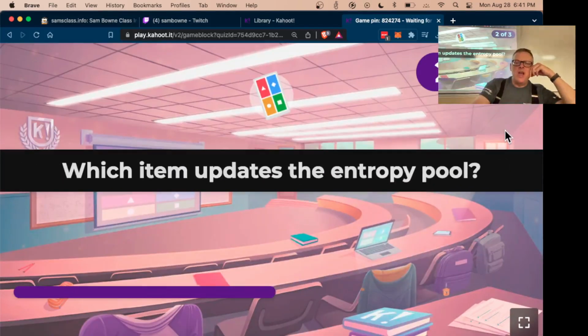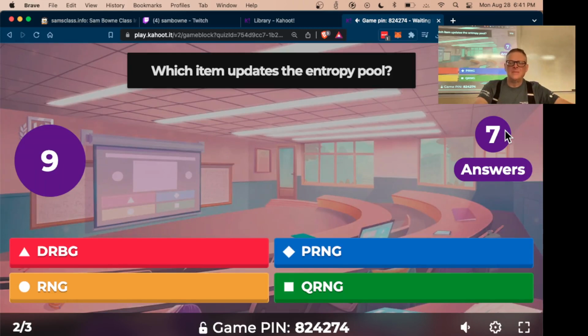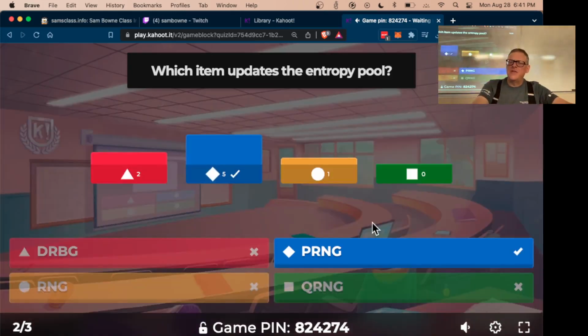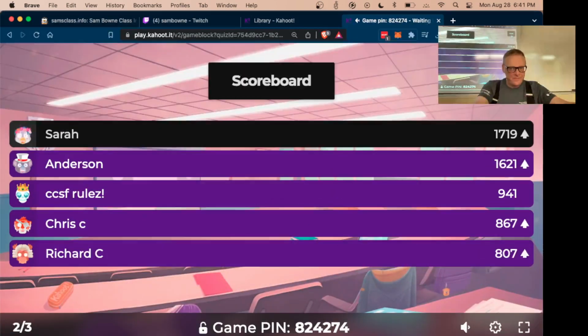All right, which one will update the entropy pool? It's the pseudo-random number generator, that harvests data from the random number generator to fill a pool of entropy, which it then calculates pseudo-random numbers from.